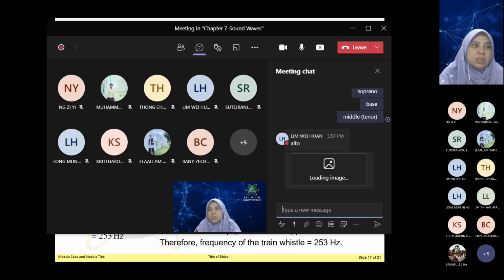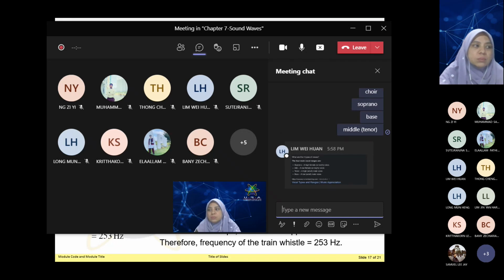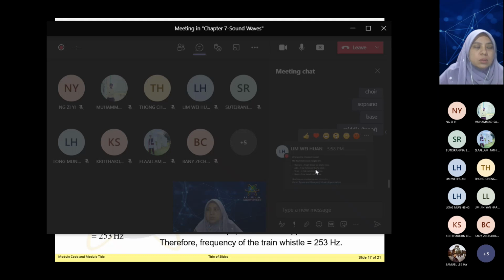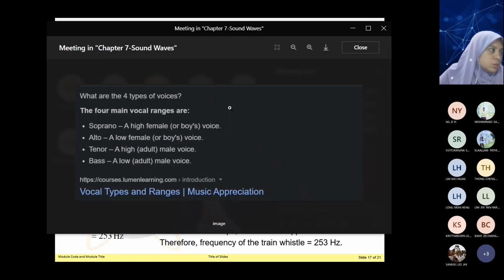The one in the middle is tenor for male. Alto is for lower female.